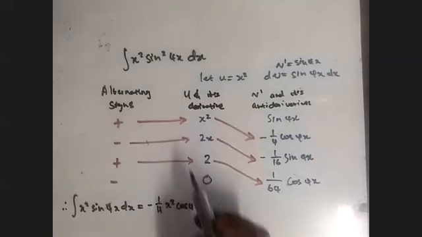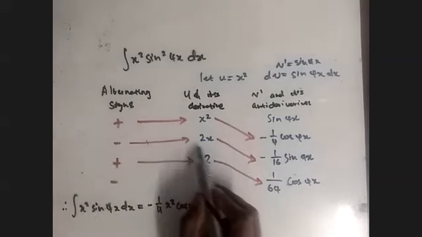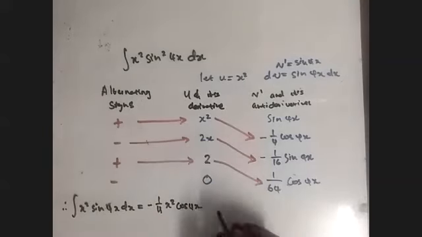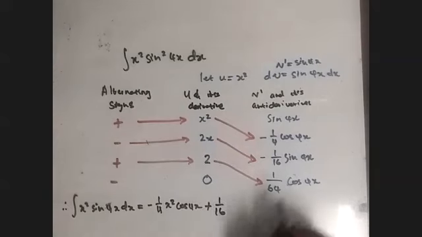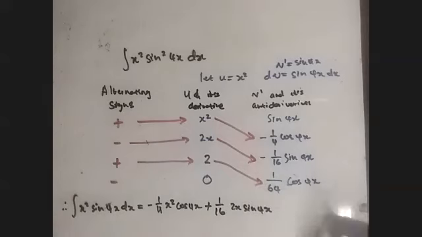Then the next one is: negative 2x times negative, so it becomes a positive 1/16 times 2x sine 4x. Then a positive times a positive, everything is positive, so it becomes 1/64 cos 4x plus c.